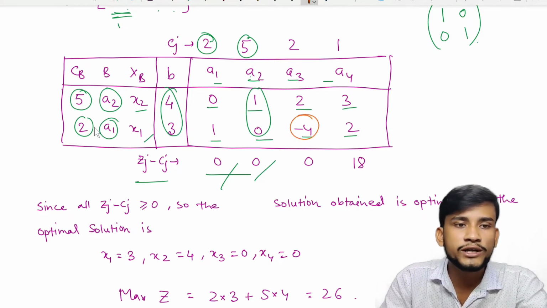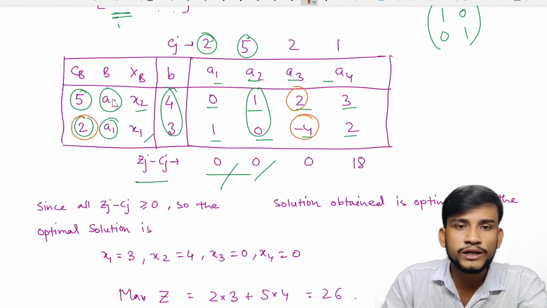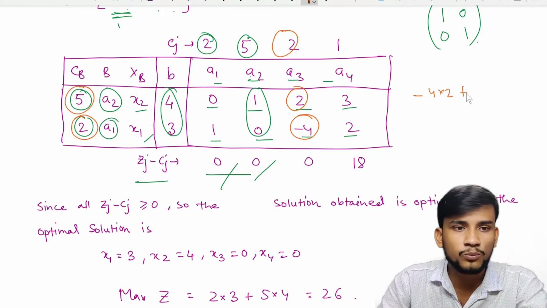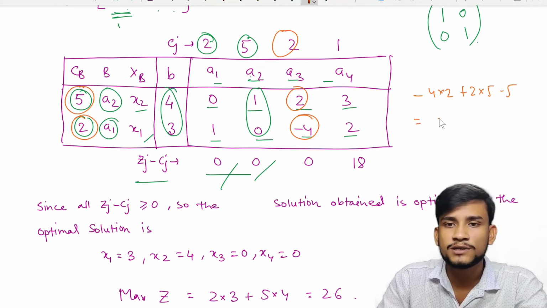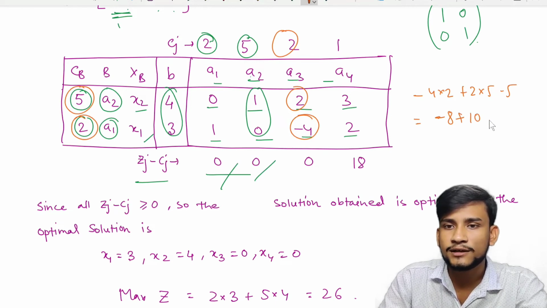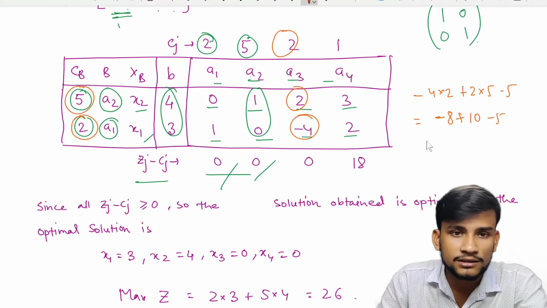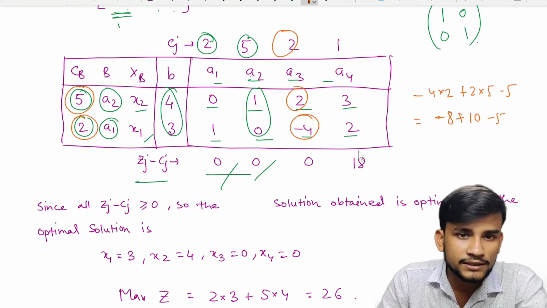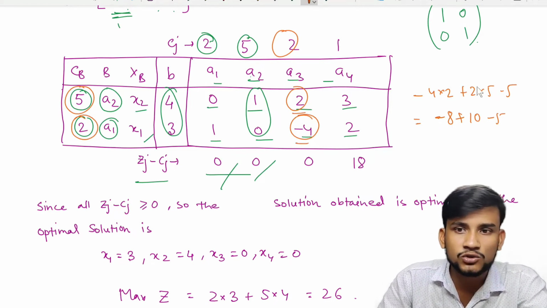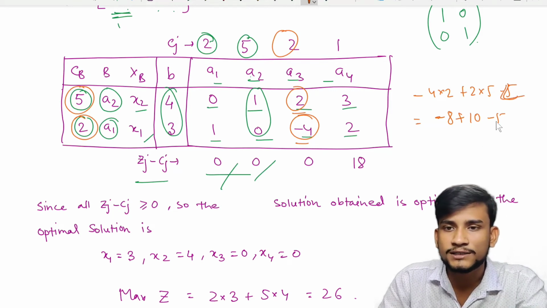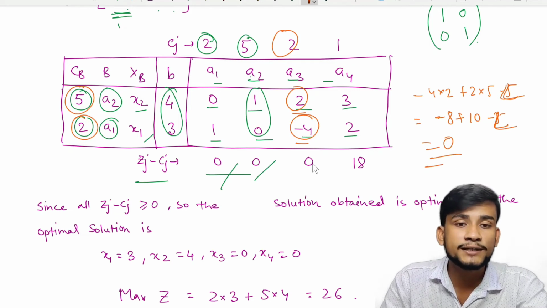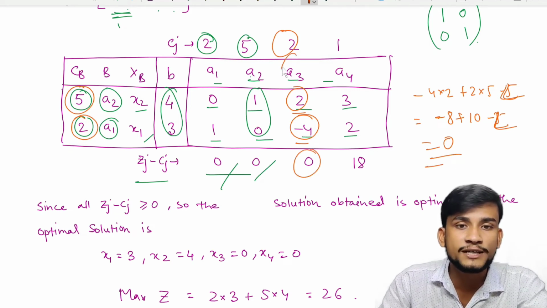So minus 4 into 2 plus 2 into 5 minus 2. Minus 8 plus 10 minus 2, so this is equal to 0. Therefore z3 minus c3 is 0 corresponding to the non-basic vector a3.